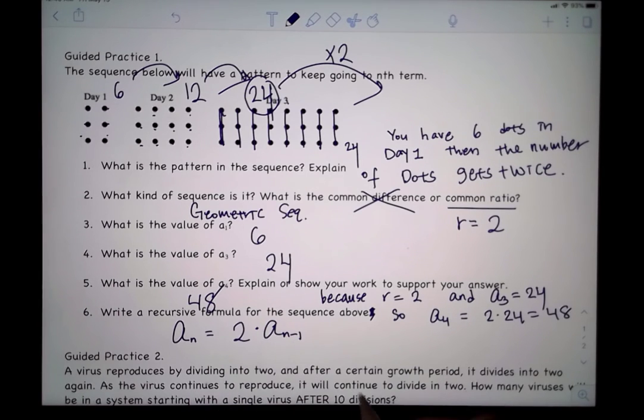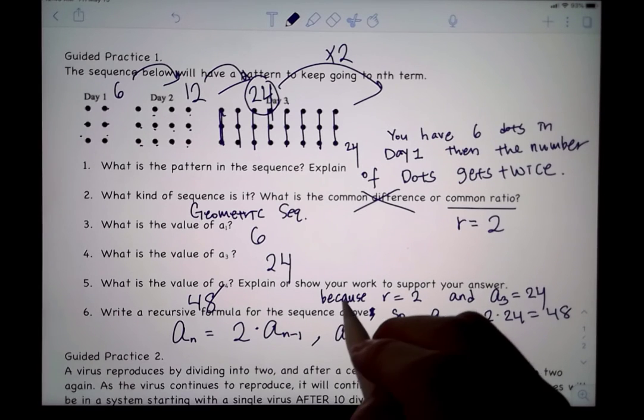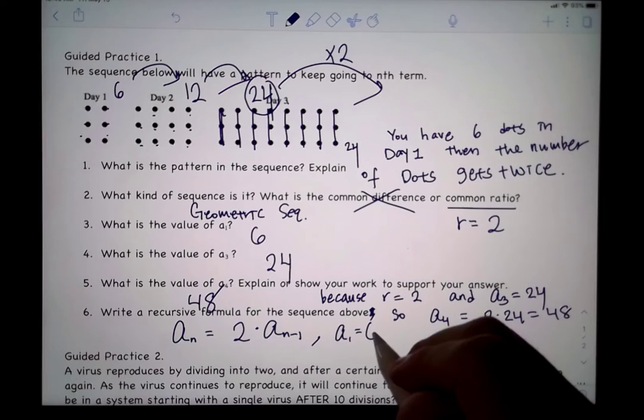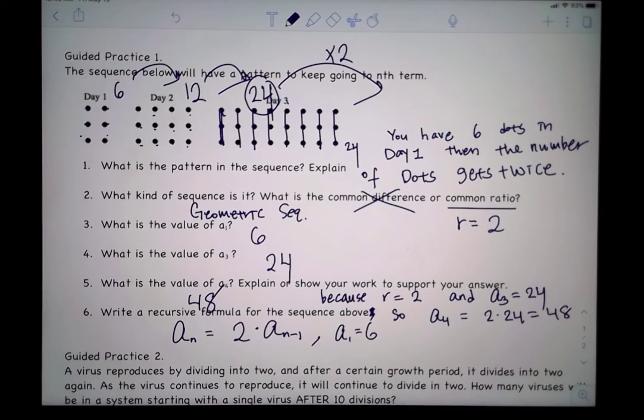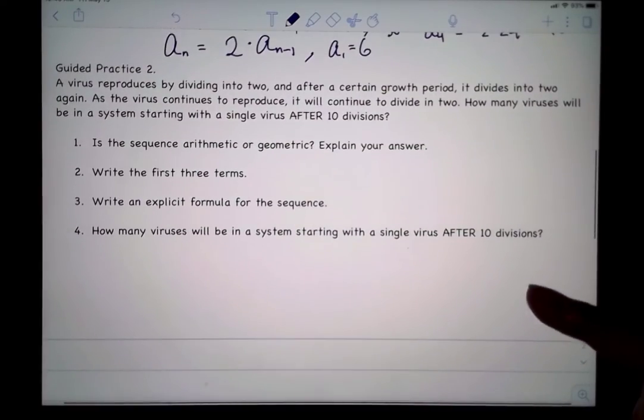And we need to keep our initial value, which is 6, like that. Then you're done. Literally it's the same work. You just have sentences, right? It's not short, you have some words together, but we can do it. So guided practice 1 is done.